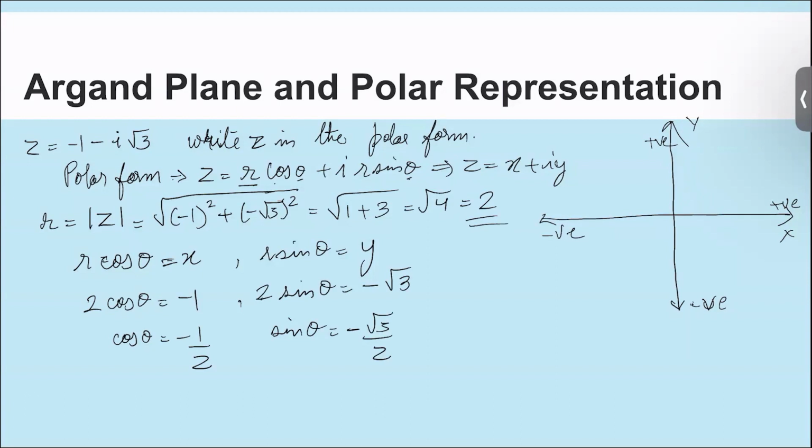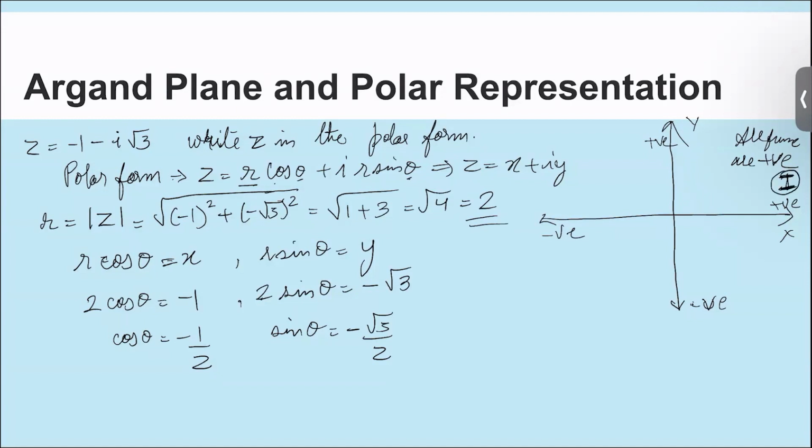Now, when you have trigonometric functions, even with this plane, there are a few rules that are followed. All functions are positive in the first quadrant. This is your first quadrant.